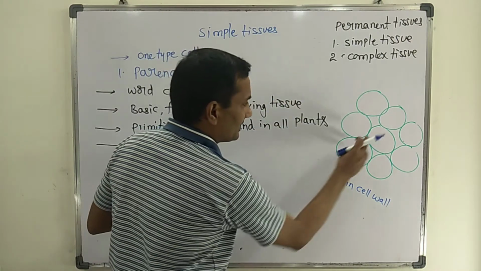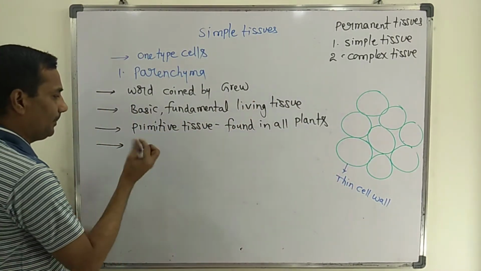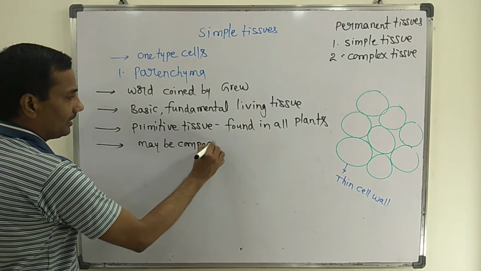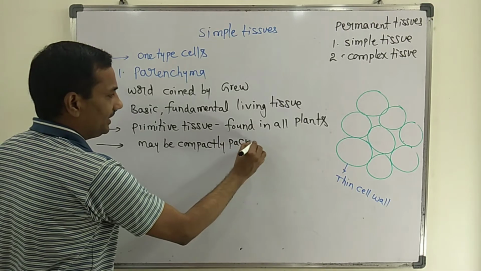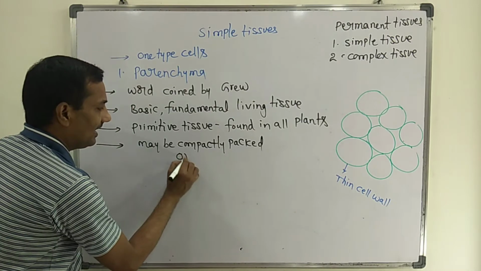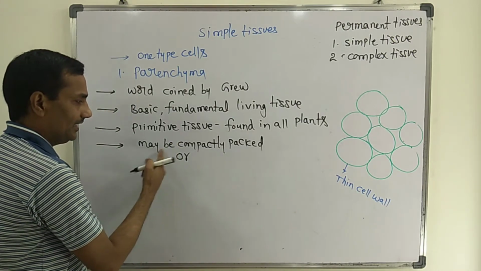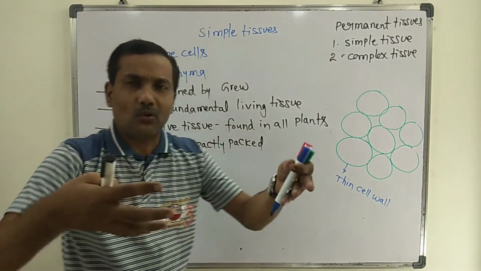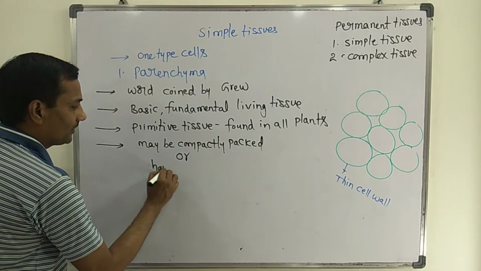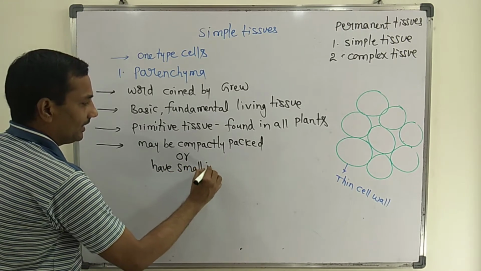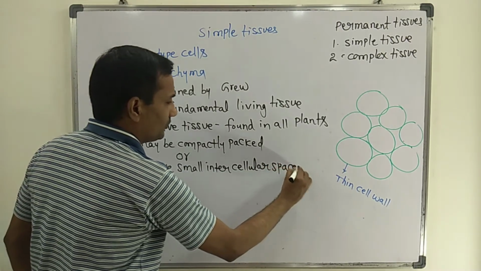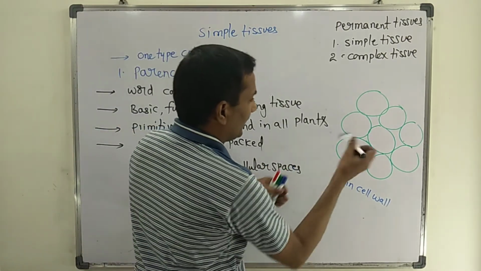The parenchyma cells may be compactly packed, which means closely arranged without intercellular space, or they may have small intercellular spaces. If you observe, you can find small intercellular spaces.